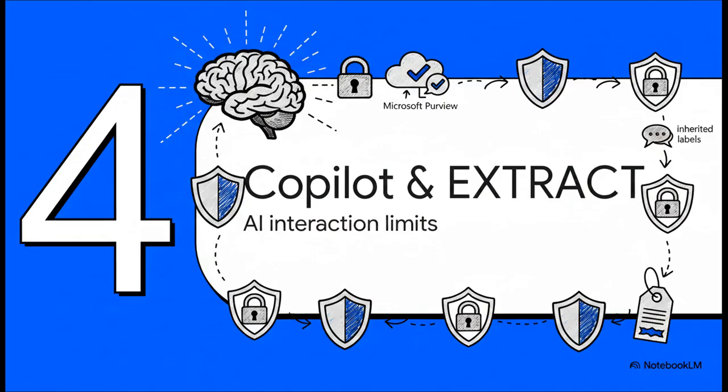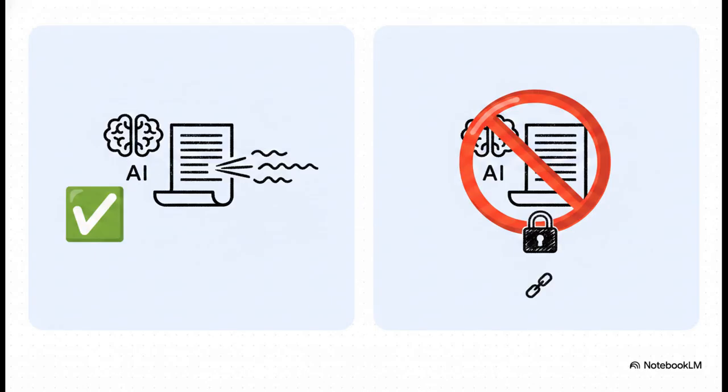Okay, Section 4, Copilot and Extract Permissions. Look, AI is a massive driver for all these security updates right now. So let's see how inherited labels directly control how Microsoft 365 Copilot behaves. This is fascinating. Copilot's ability to read your stuff relies entirely on the extract or copy usage right defined in your sensitivity label.